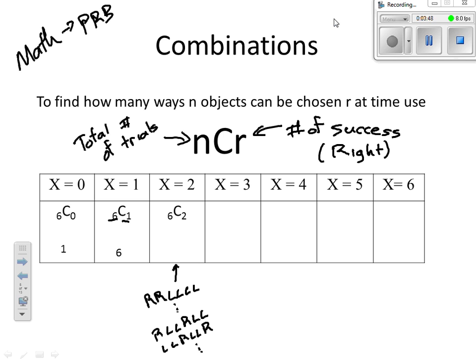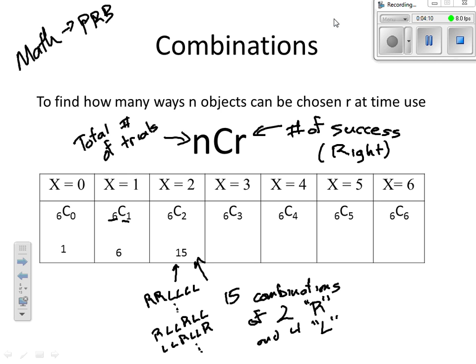There's a ton of these combinations. Well, this nCr will tell us that there are 15 combinations of 2 rights, and that would leave us with 4 left turns.